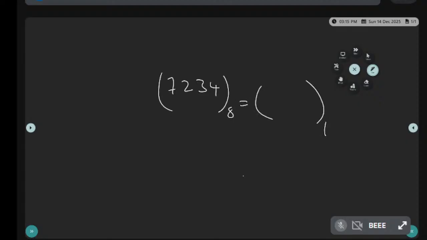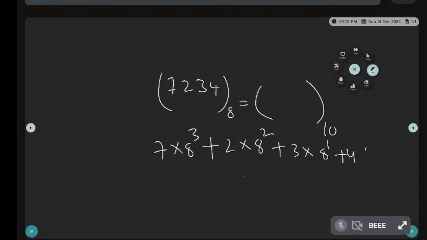Use power of 8. What is power of 8? 7 into 8 cube plus 2 into 8 square plus 3 into 8 to the 1 plus 4 into 8 to the 0. Use the power of 8. Get the answer.